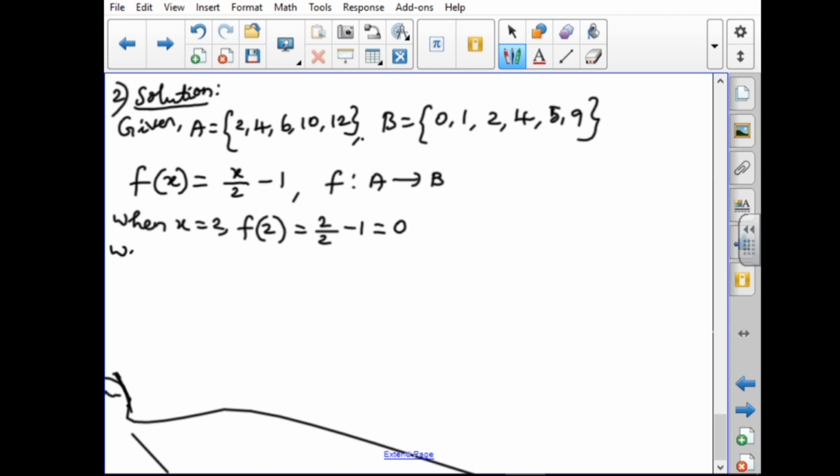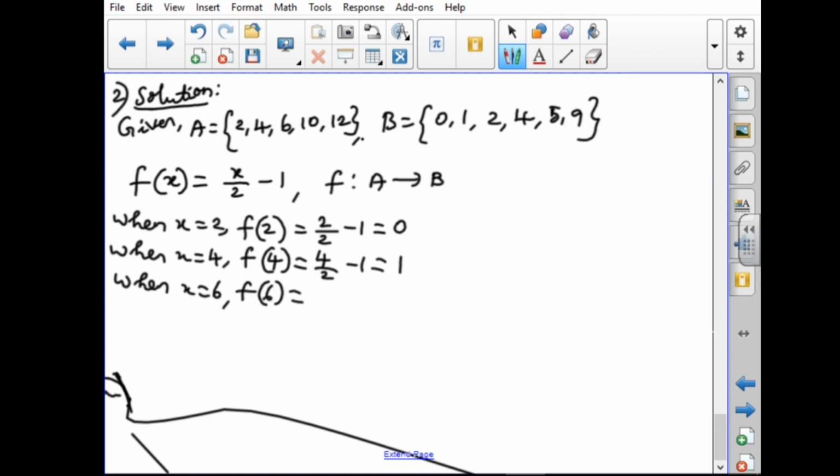Next, when x equal to 4, f of 4 equals 4 by 2 minus 1. 4 by 2 is 2, 2 minus 1 is 1. When x equal to 6, f of 6 equals 6 by 2 minus 1. 6 by 2 is 3, 3 minus 1 is 2.